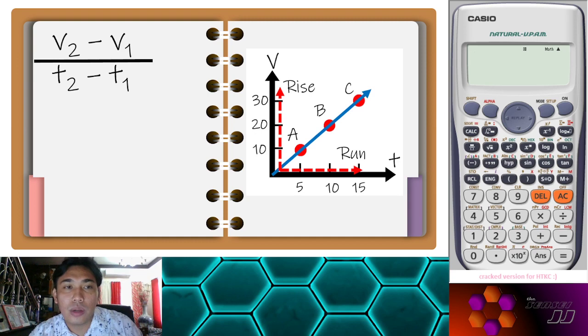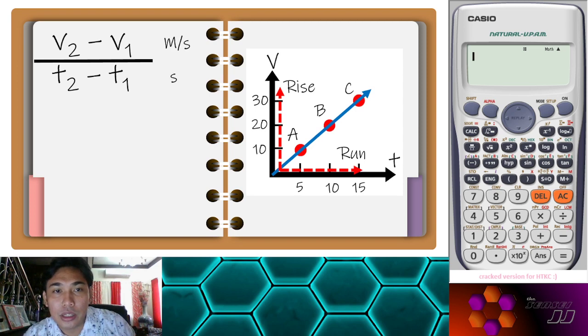Let's move on to substituting the values that we have. Our velocity is measured in meters per second while our time is measured in seconds, so don't forget about that, guys.